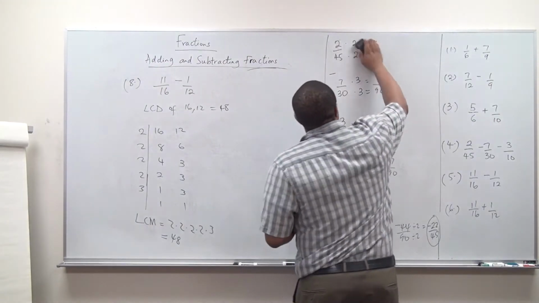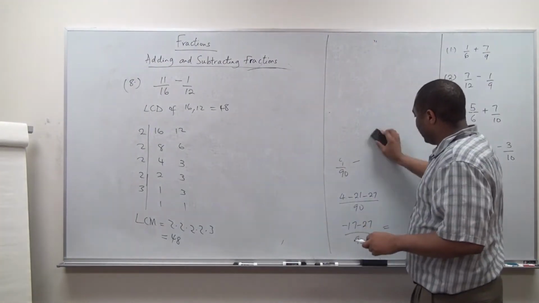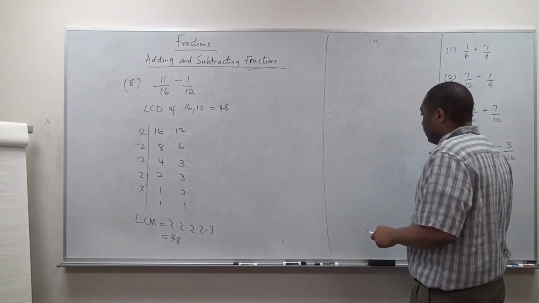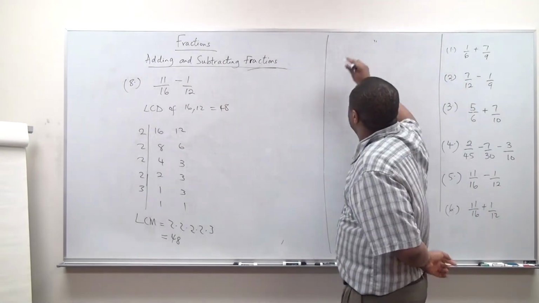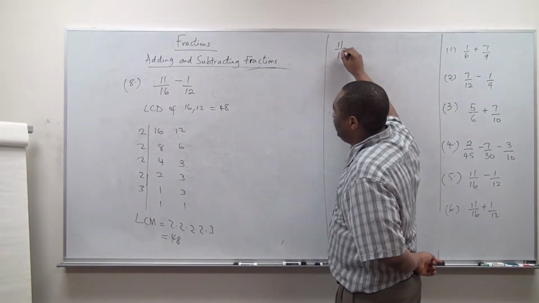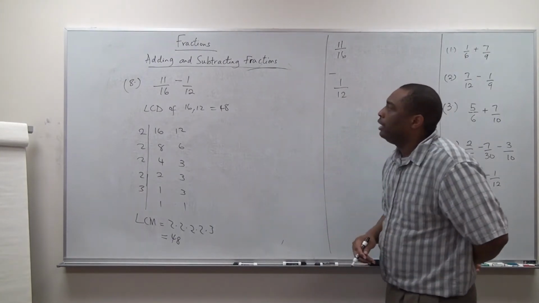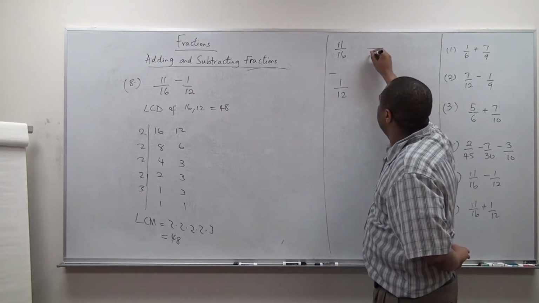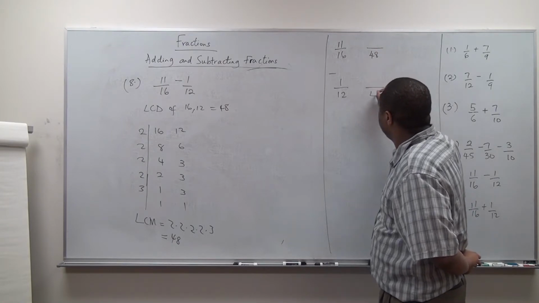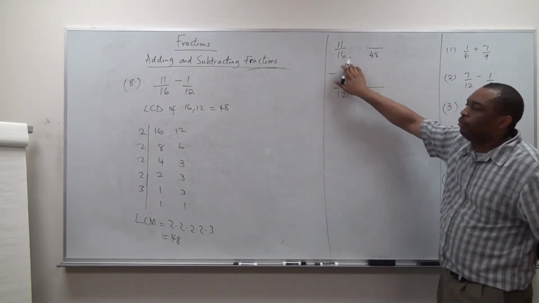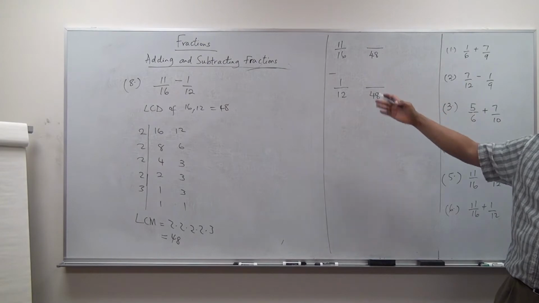So let's go ahead and solve it, since we now know the LCD that gives us 48. We have 11 over 16 minus 1 over 12. So we write here over 48 over 48. What do we do to 16 to give us 48?